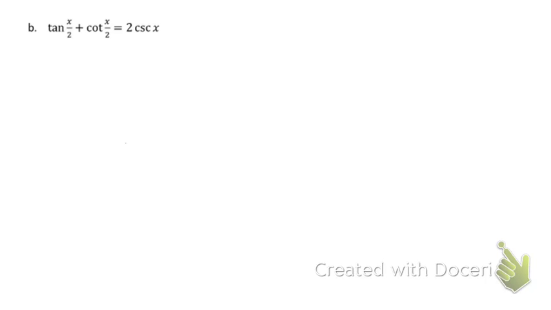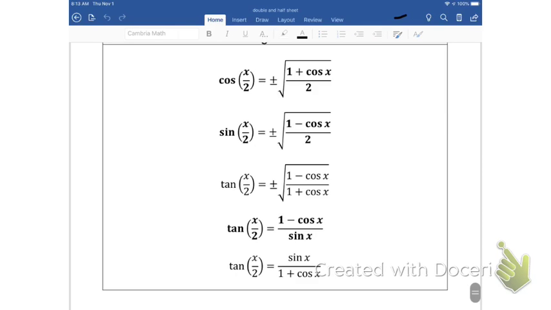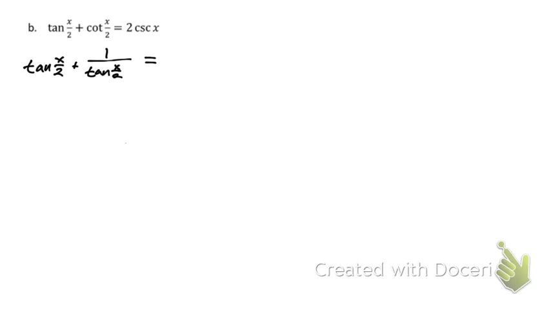Well, note that we have tangent of x over 2 plus cotangent of x over 2. Well, this is really just 1 over tangent of x over 2. So you can rewrite those tangents in any one of these 3 forms. But the first thing you're going to look at is, are there any square roots on your right-hand side?